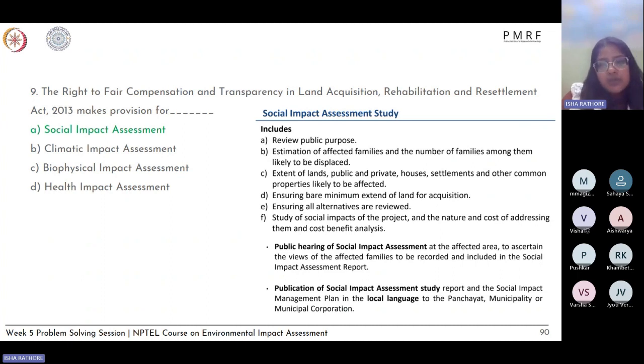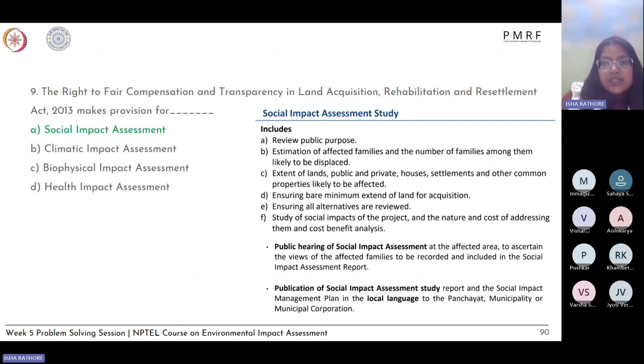You review the public purpose, then you estimate the number of families or communities that are going to be affected or displaced, whether houses, private property, public property, or other common properties, and the minimum extent of land which will be acquired.